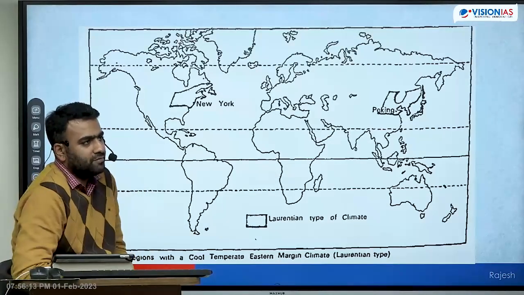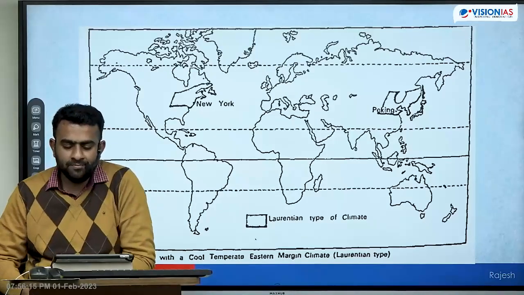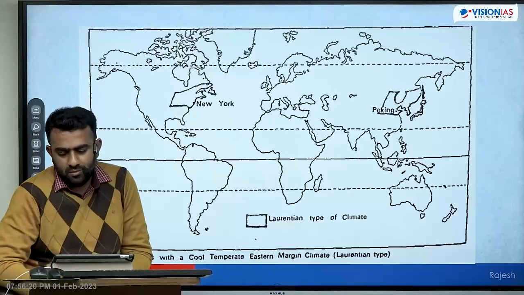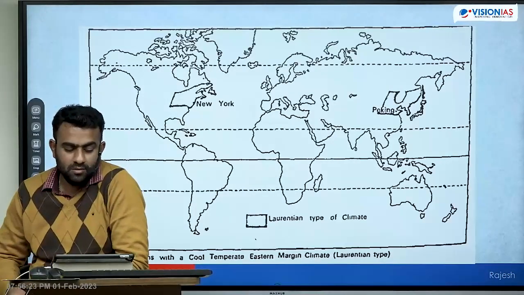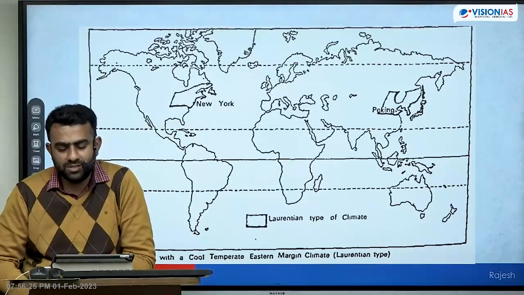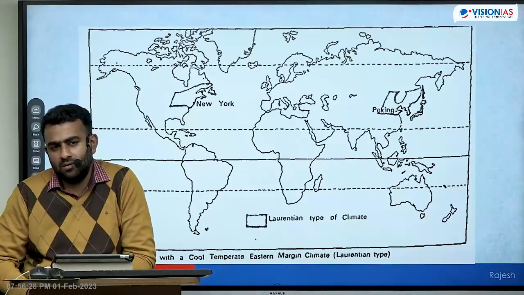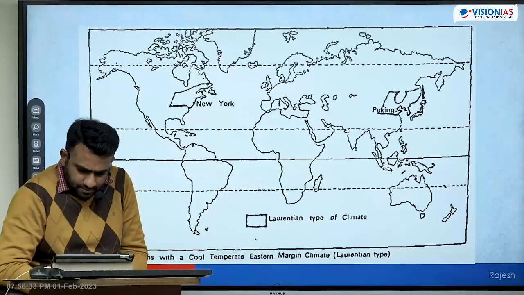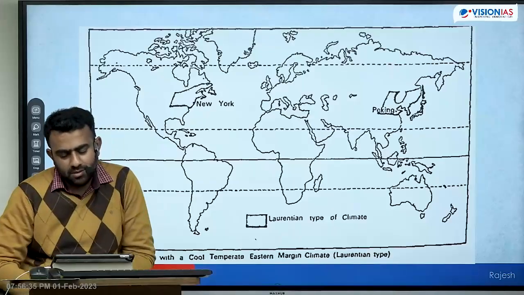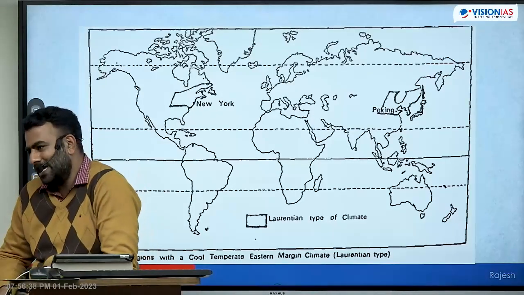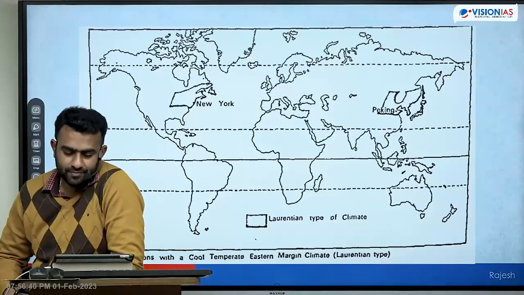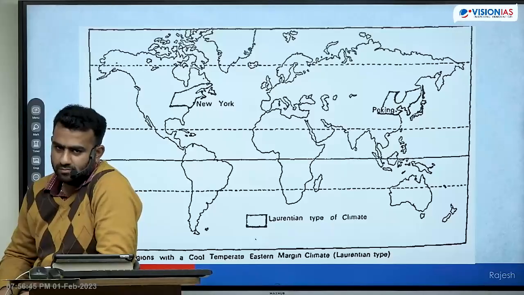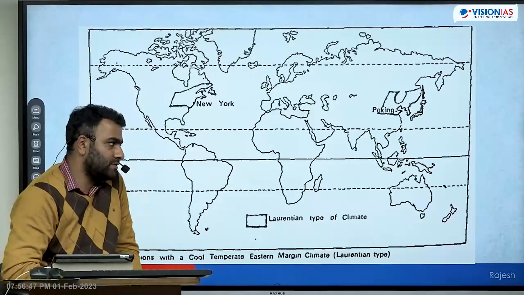Next point, rainfall is throughout the year, but more in summers. They are under the influence of temperate cyclones.